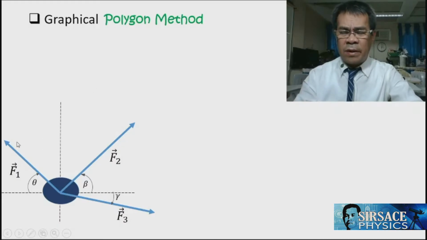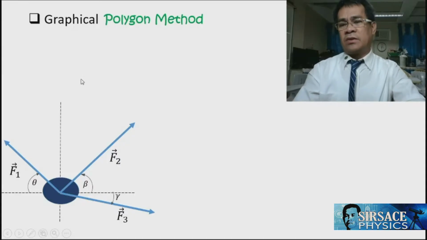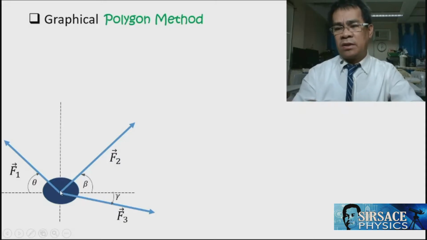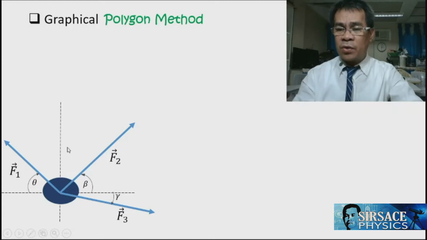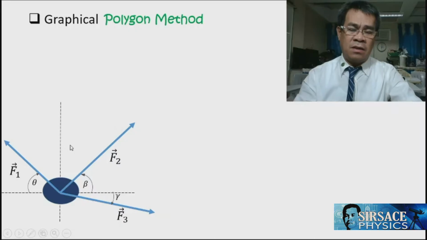Unlike the parallelogram method, in our part 1, we created a parallelogram by constructing an equal vector opposite, then another vector opposite, then the intersection of the constructed equal vectors, connecting from the origin towards the intersection point, would be the resultant. In the polygon method, you have to connect everything, so you have to decide the starting point.